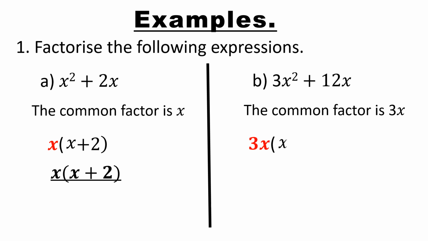It is x. Then what are we going to multiply by 3x to give us 12x? For that matter, this is positive 4. Then close our brackets, and our answer is 3x into x plus 4.